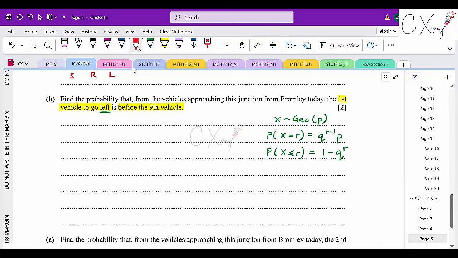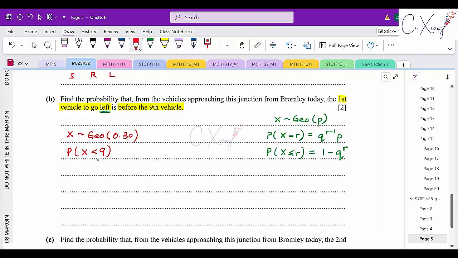Okay, so let's have a look at this question. We are interested to find the first vehicle to go left is before the ninth vehicle. That means for this example, x is geometrically distributed with the success being going to the left. What is the probability of getting a left one? It will be 0.3. And what I am interested in is the number of trials before the ninth vehicle. So x smaller than 9, no equal sign.